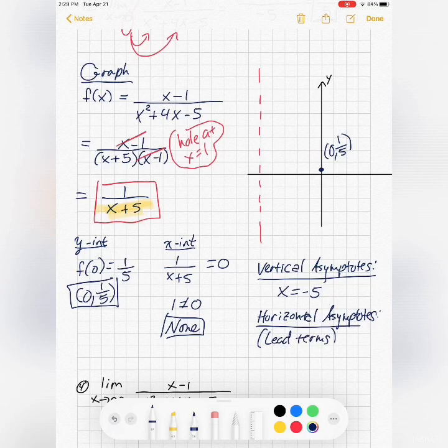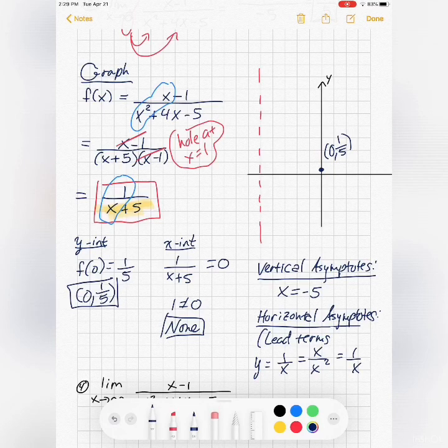So I can actually look at either the original function, look at the leading terms here, or the reduced fraction. Either way, when I look at those, I get 1 over x or x over x squared. Either way, it reduces to 1 over x. So then I say, well, remember, what does a horizontal asymptote tell me?